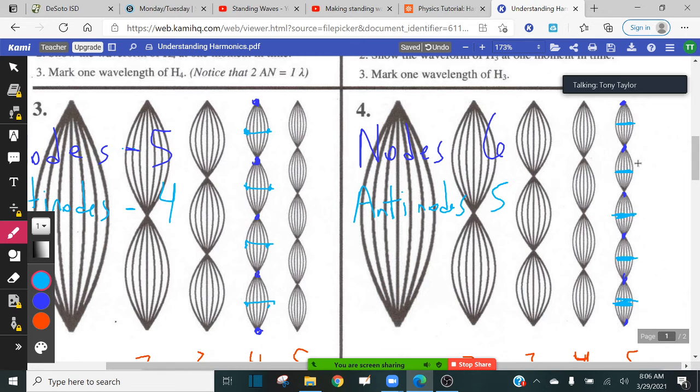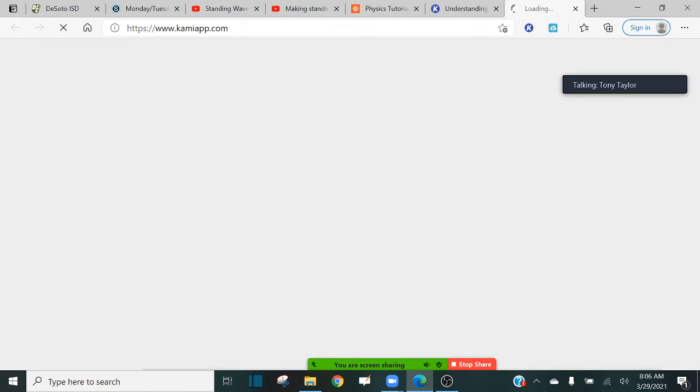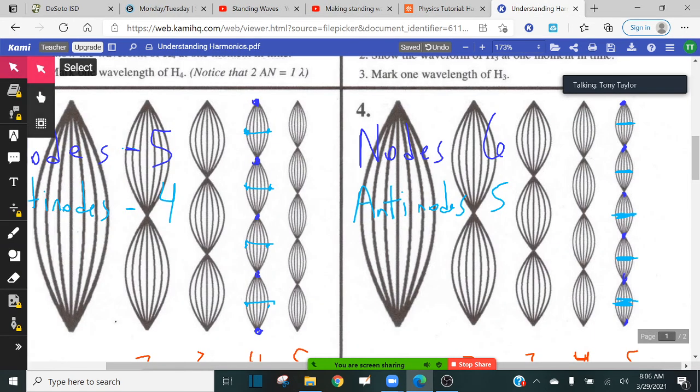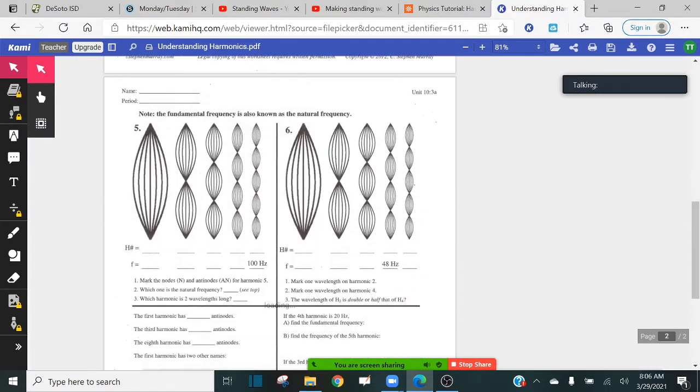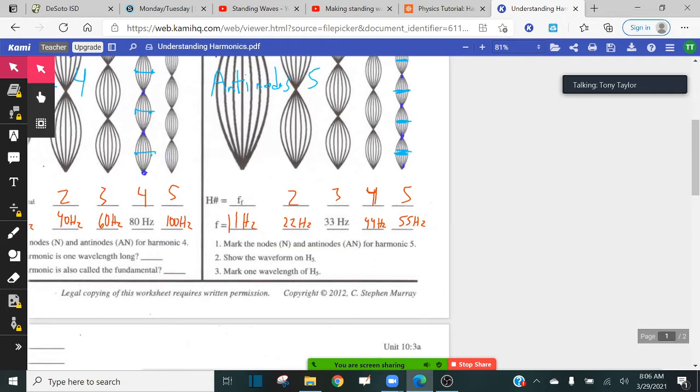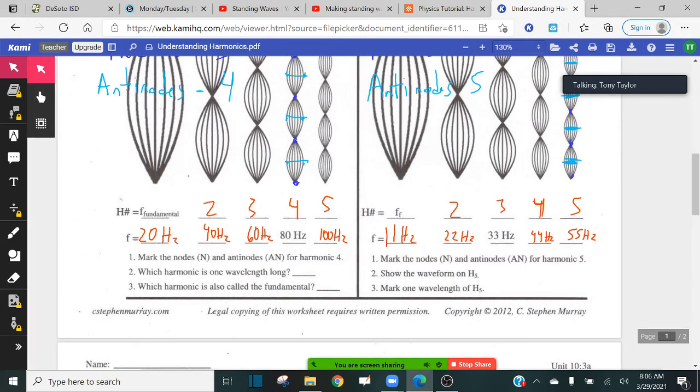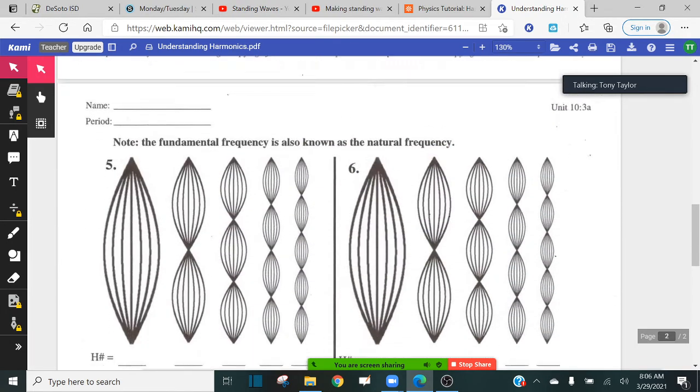So here we have 1, 2, 3, 4, 5 antinodes, which makes sense if we are at the 5th harmonic. I'm not going to worry about marking wavelengths or anything like that, because that's not important for the assignment.